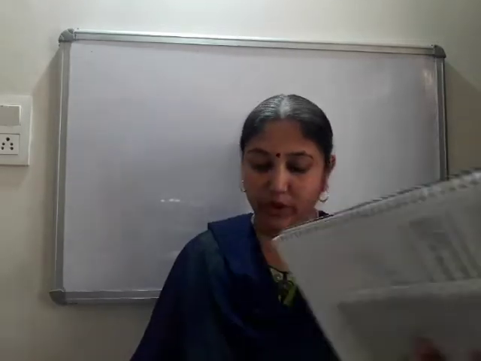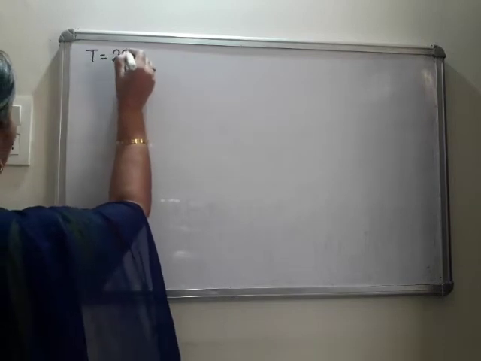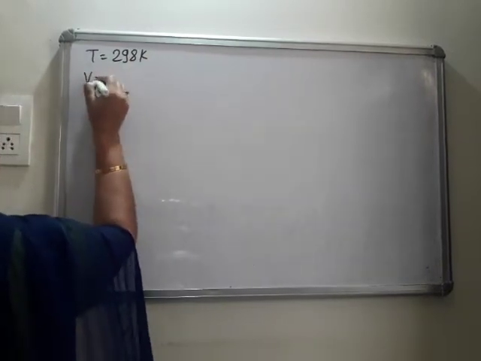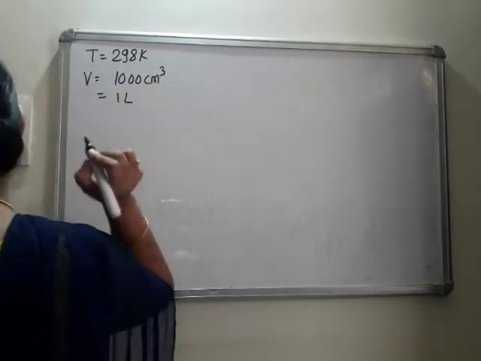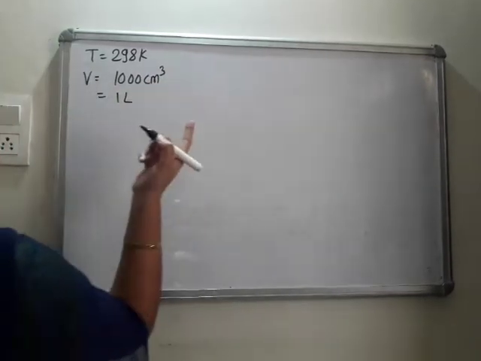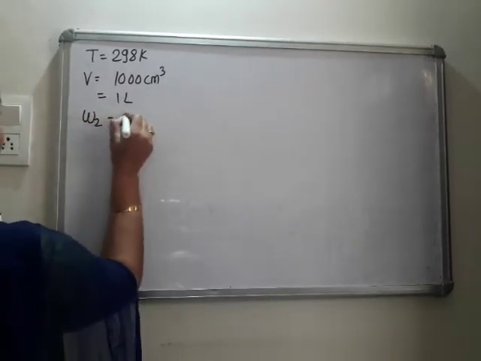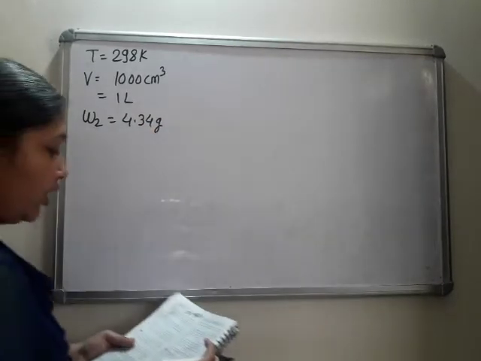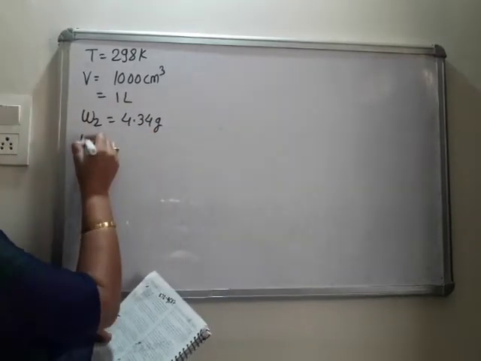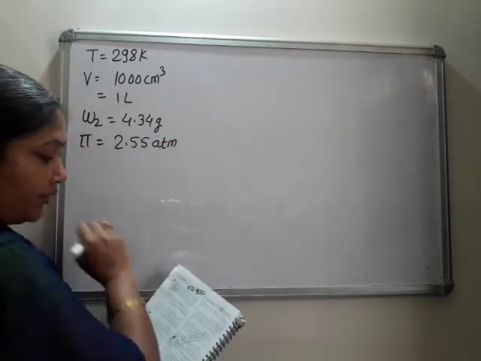Read the question carefully. Write the given things. At 298 Kelvin means the temperature is given, 298 Kelvin. Volume is given, 1000 centimeter cube, that is 1 liter. Solution containing 4.34 gram, so that is W2. Osmotic pressure is pi, 2.55 atmosphere.